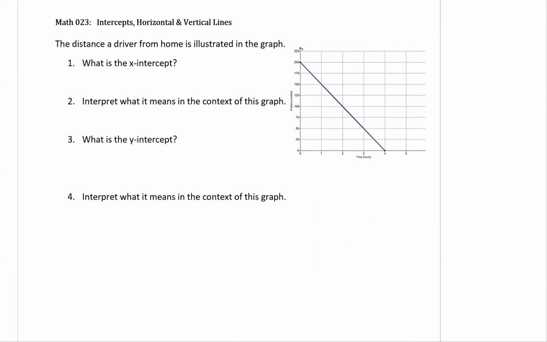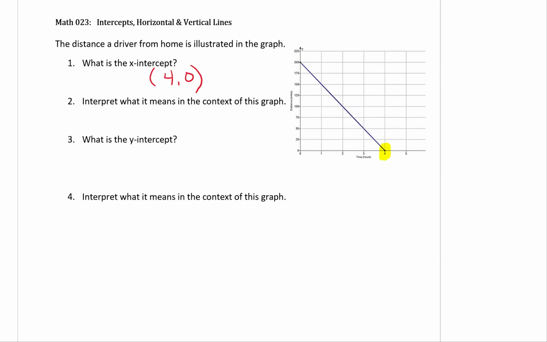So at time 0, the driver is 200 miles from home. So when the driver starts, the y-intercept is at 0, 200. Question number 1, what is the x-intercept? Okay, well, the x-intercept is right here. So that is 4, 0.